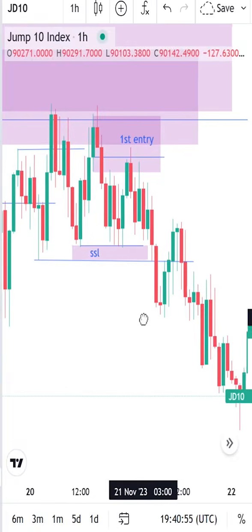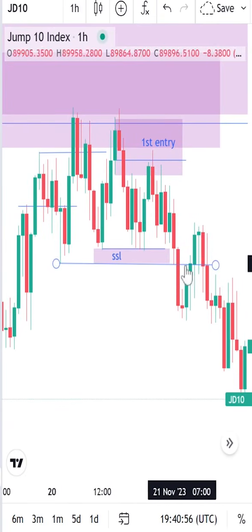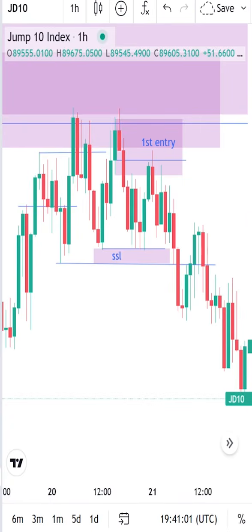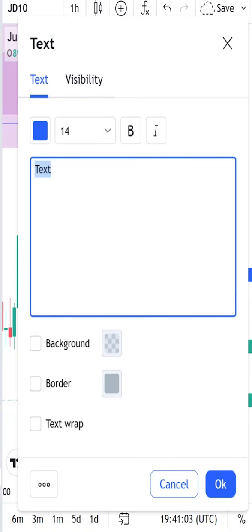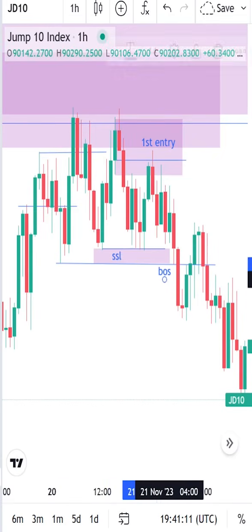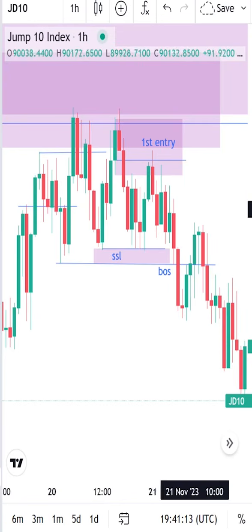that is to show you now that price is what? Is ready to sell. So let's write our BOS. So it's a break of structure right there. And after it broke structure, it retraced back to an OB.